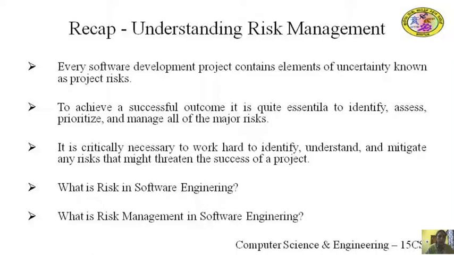Because of these and other factors, every software development project contains elements of uncertainty. This is known as project risk. The success of a project development depends quite heavily on the amount of risk that corresponds to each project activity.